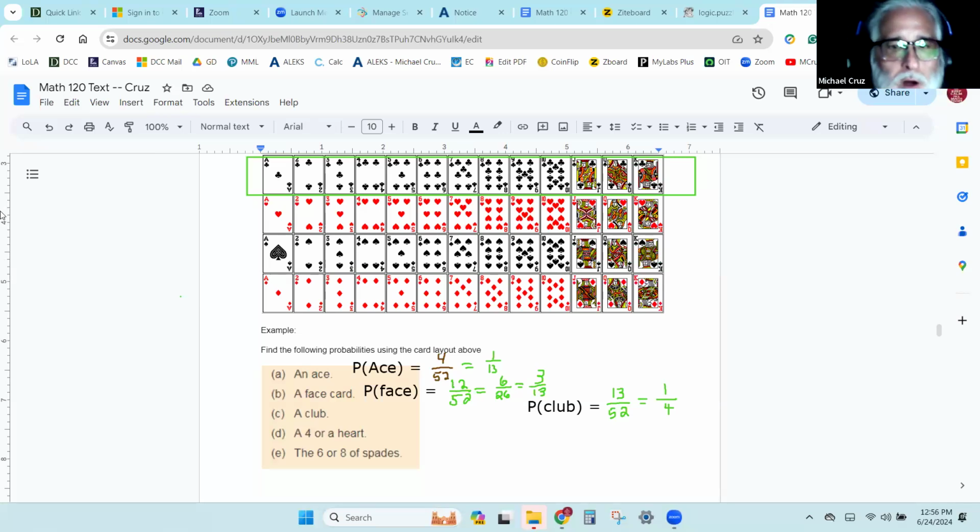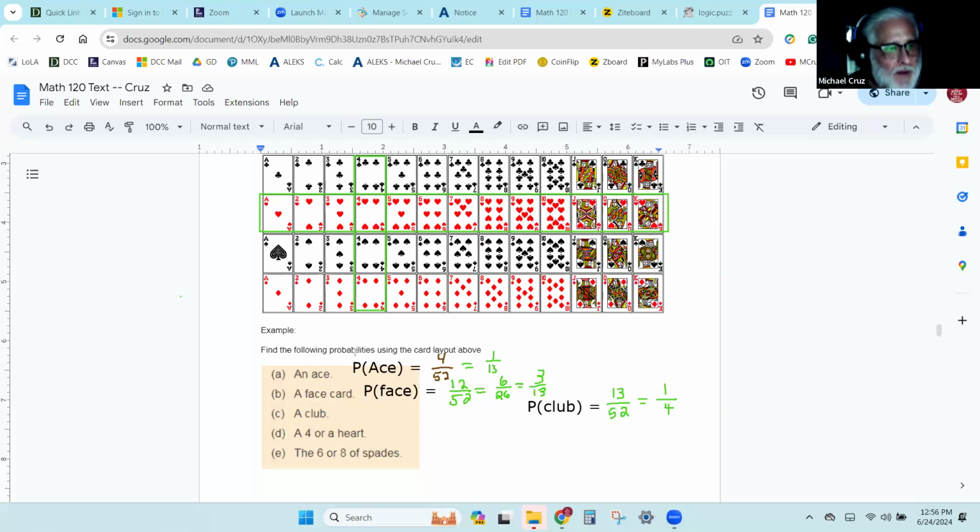A 4 or a heart. All right, we got to watch this now. Here's the 4s. Here's the hearts. There's 13 hearts and there's 4 fours, but we got a little problem here.